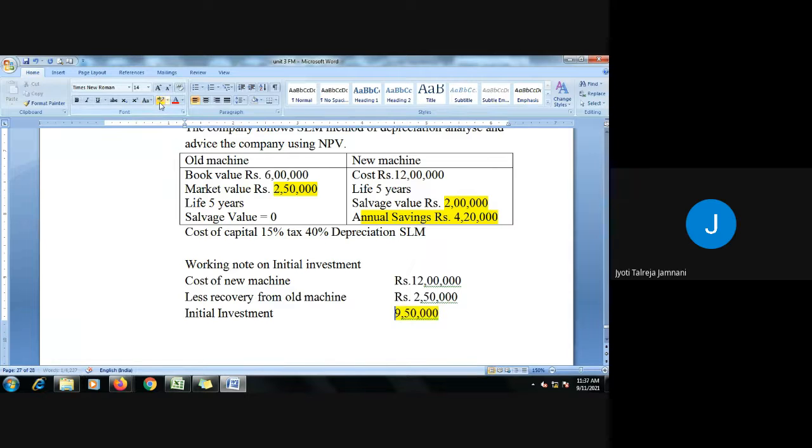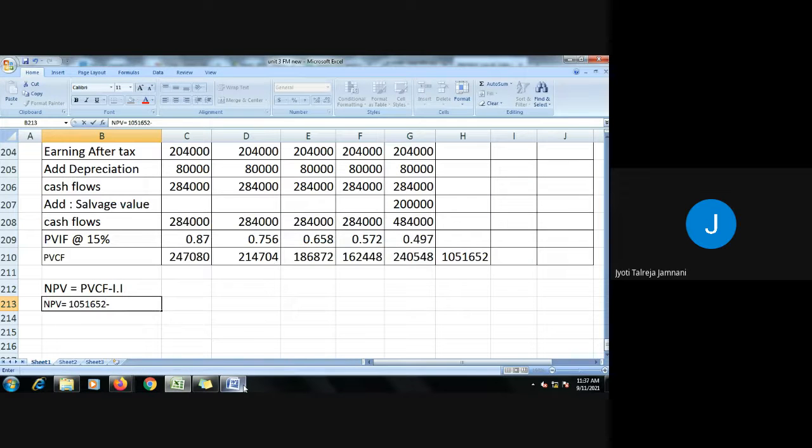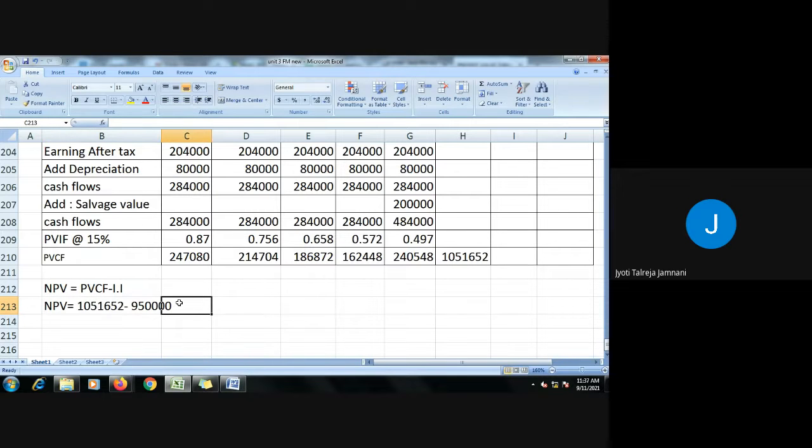So we will minus 9,50,000 from that. 10,51,652 minus 9,50,000. We will get 1,01,652, which is the NPV. So this is how we calculate the NPV, and the NPV is positive.